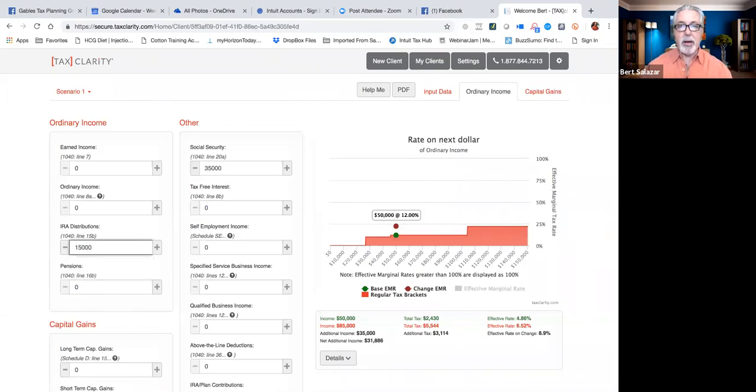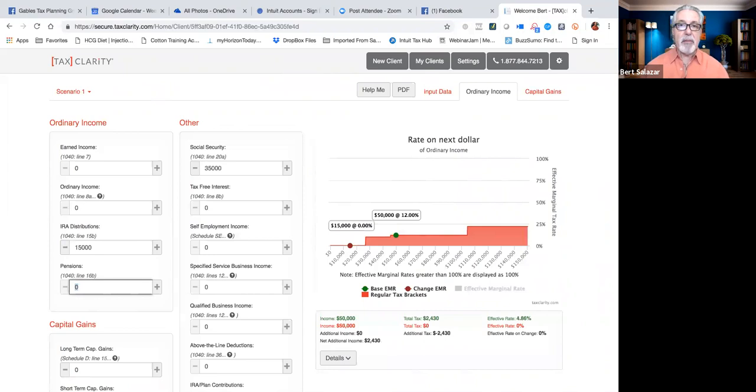That way, $35,000 of Social Security benefits plus $15,000 of IRA distribution will bring you to the same $50,000 that you were earning prior, making a paradigm shift, a straddle between a Social Security distribution and IRA distribution.